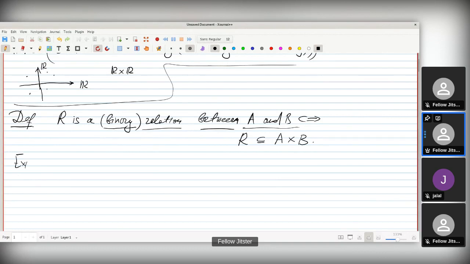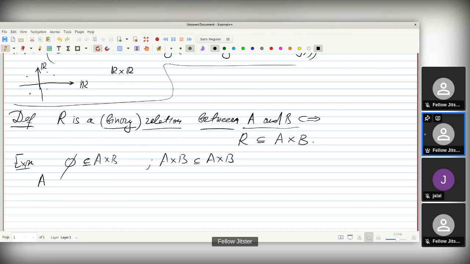So what do we have as examples? Clearly, the empty set is always a binary relation between any two sets. The Cartesian product of A and B is a binary relation between A and B. But we are mostly interested in intermediate cases.